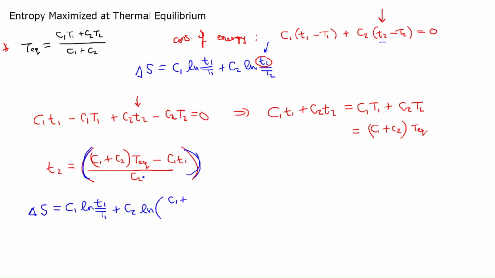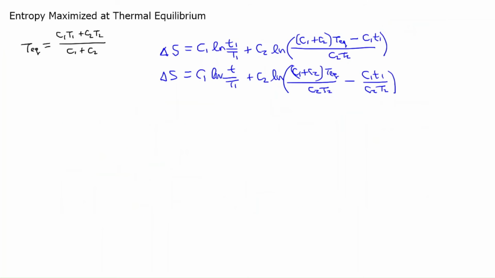So let me write it this way: C1 plus C2 times equilibrium temp minus C1 little t1, over C2 times big T2. And what we want to do is take the derivative of this with respect to our only variable that's left, t1, and set that equal to 0. What we're hoping is that will maximize the entropy. All right, so it looks like we're out of space once again. So let me create some more space, and then we'll take that derivative.